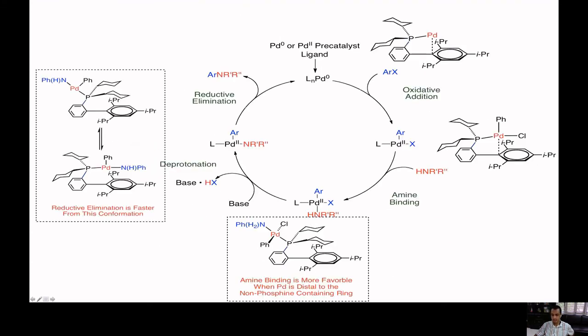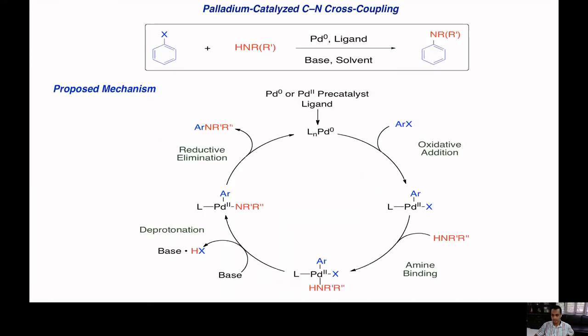In a lot of cases, this amine binding step could also be a problem, if you, let's say, have an amine which has another ligand in it, like another heteroatom such as nitrogen, oxygen, sulfur containing amine. Now those can effectively bind with the palladium and can make sure that the forward reaction is not going on very well.